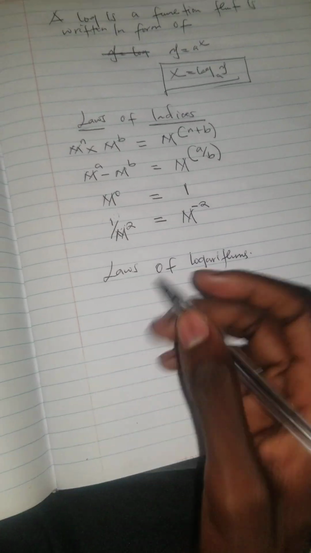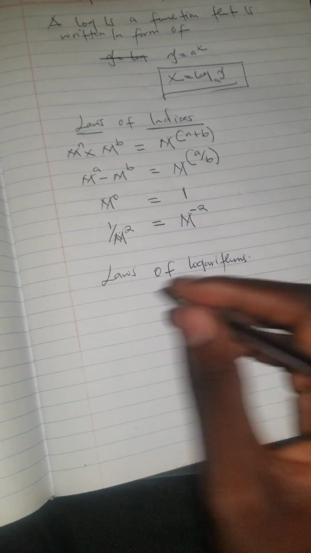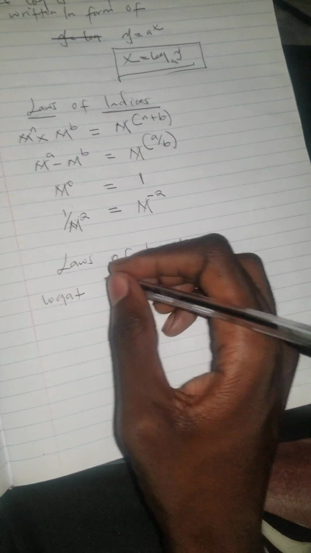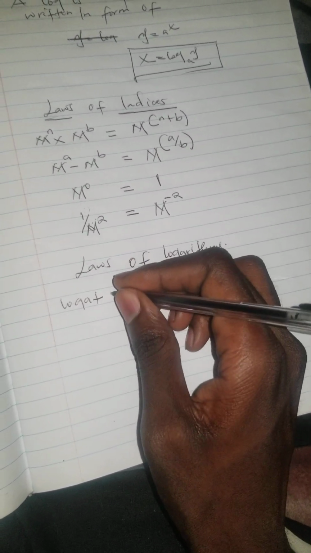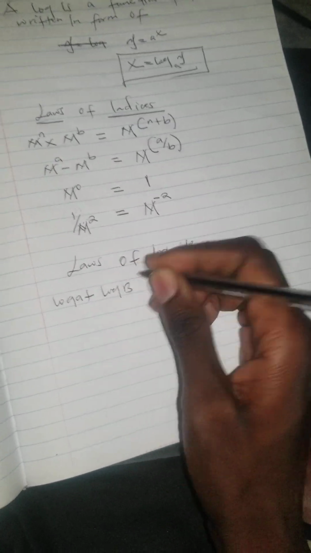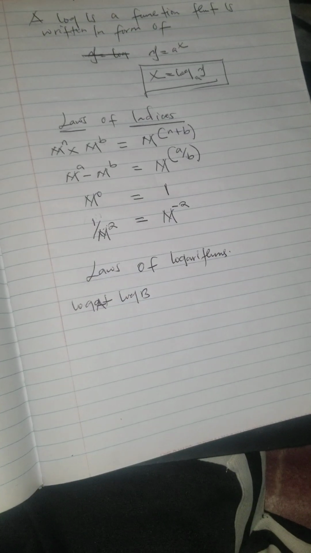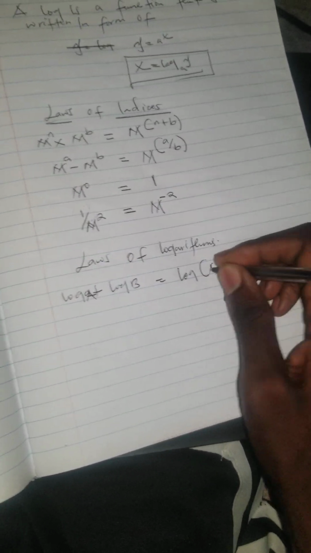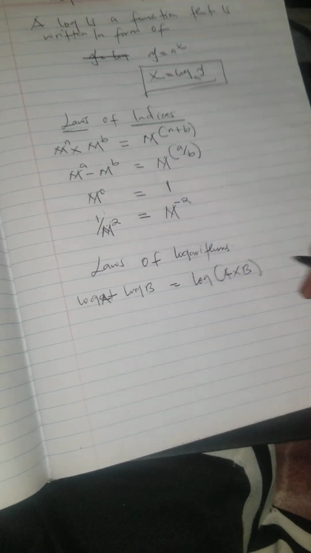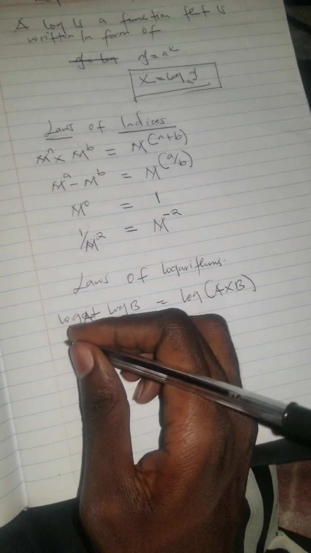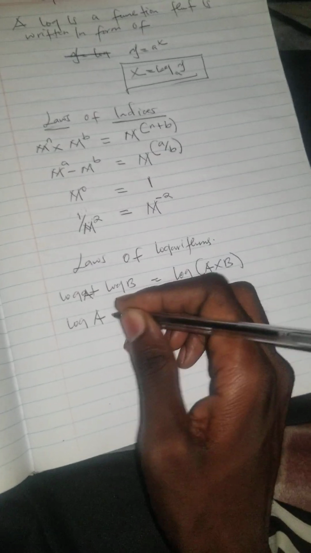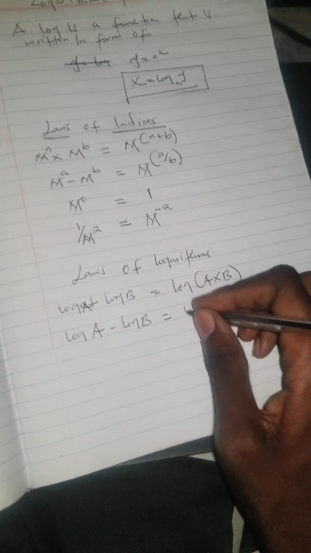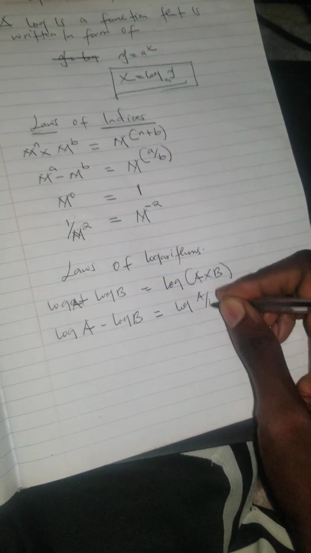When you have log a plus log b, this is the same as having log of a times b. And when you have log a minus log b, this is the same as having log of a divided by b.